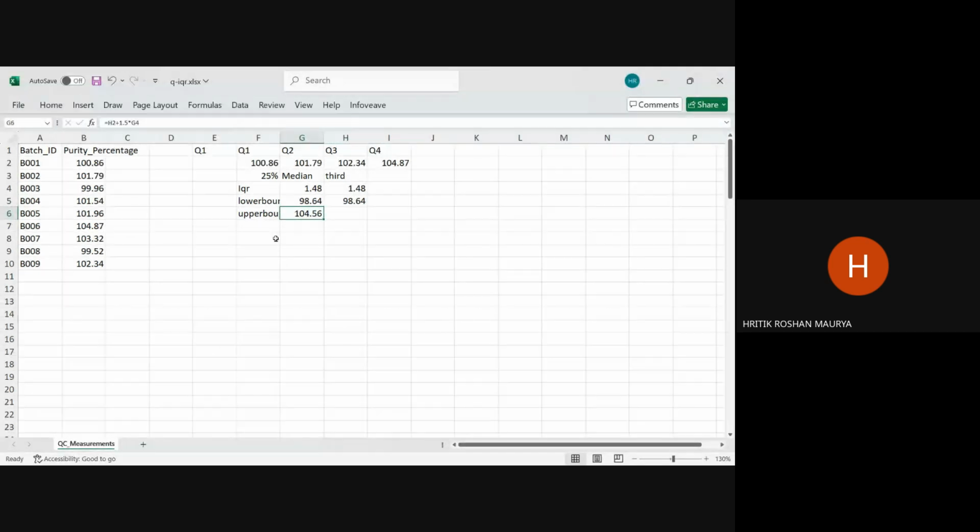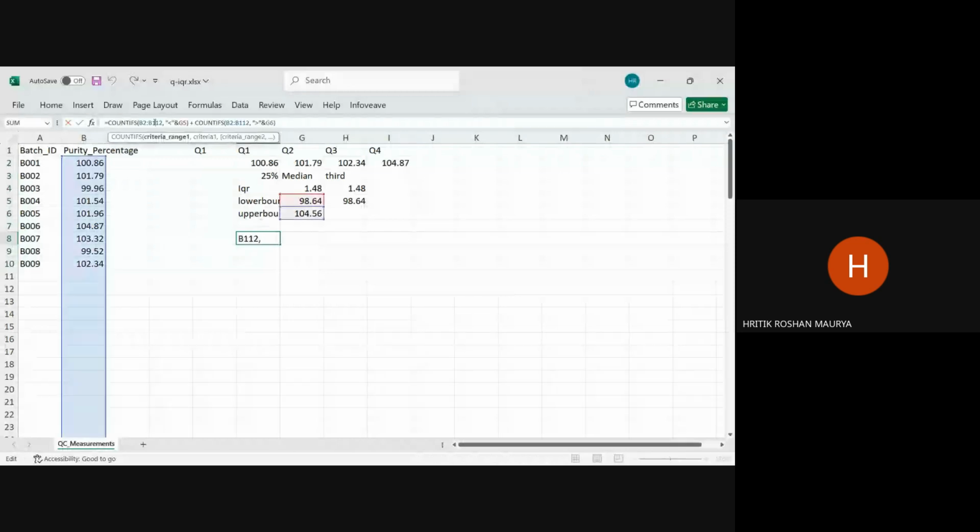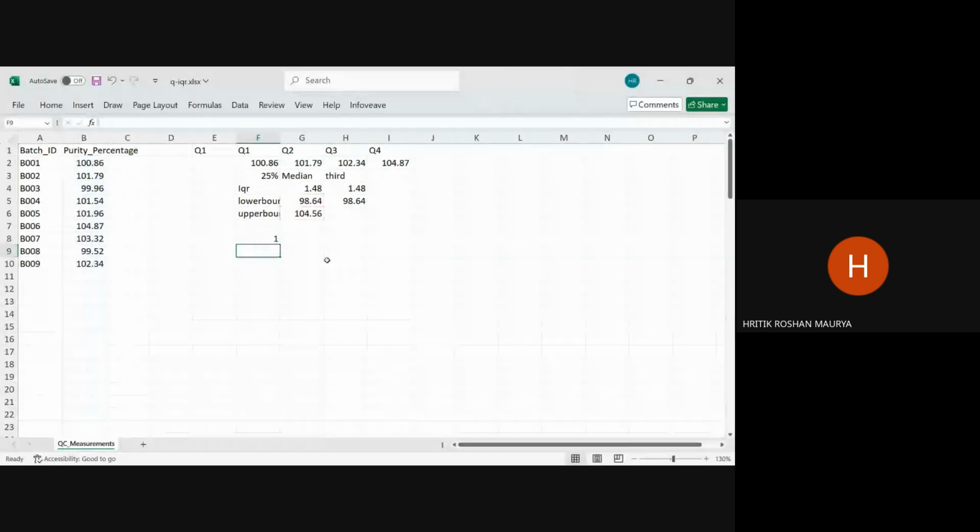And then you can count with the help of the count function how many data are outliers. The count function counts all the data which are less than the lower bound, plus all the data which are more than the upper bound. For this data, there is only one data point which is counted as an outlier.